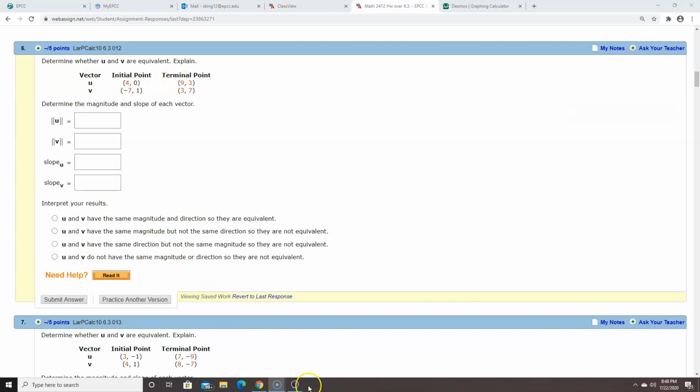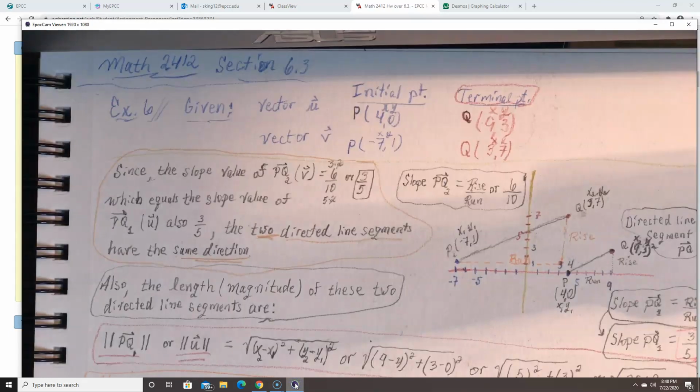Okay. Let me take you to my notebook, and here we begin. So the number 6, the given, the vector u, vector v. In terms of notation, in textbooks, they have the option to make the text bold or not.